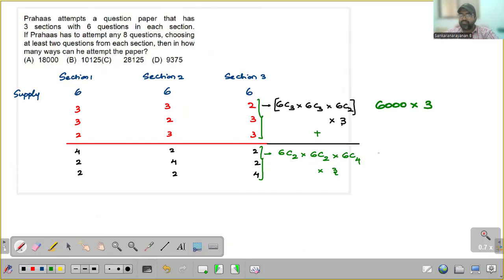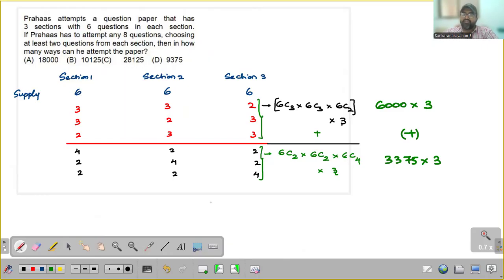The second scenario, 6C2 into 6C2 into 6C4 into 3, will be as good as 3375 into 3. So it may be the first scenario or the second scenario, so you have to go ahead with addition.